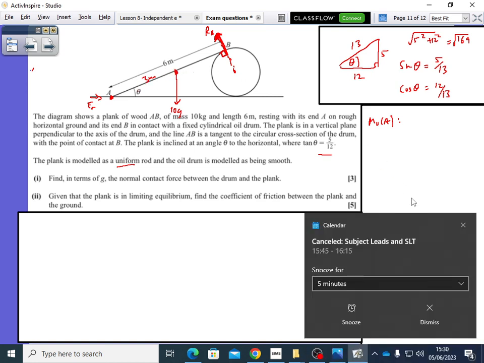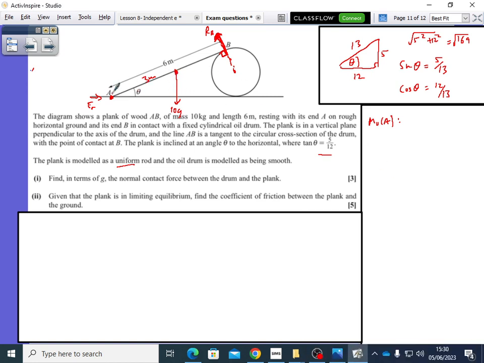However, this force is not perpendicular to that, so what we need to do is from A, take the perpendicular length, which will be this one, and we need to find this length, which will be perpendicular to this force going downwards. Now that is going to be 3 multiplied by sine, no sorry, this is cos theta. So that's 3 cos theta.